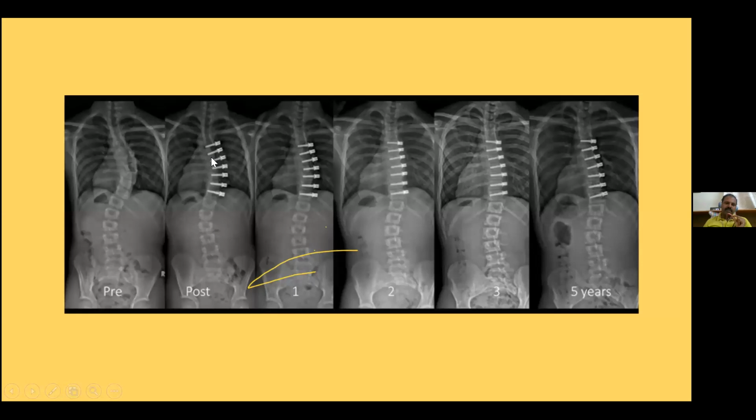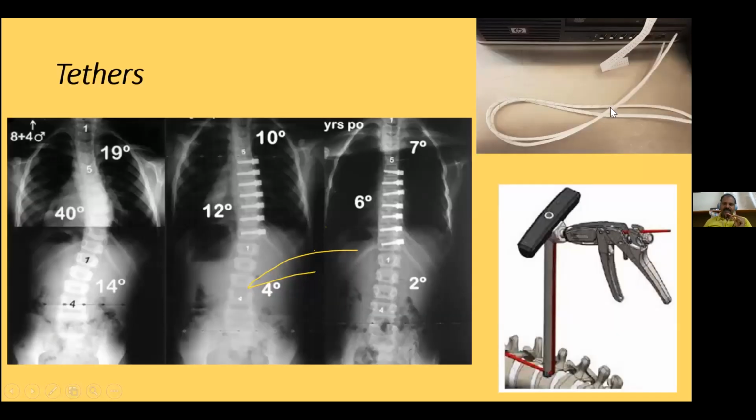You see all these screws are converging. Here it's all diverging. And this cord is multi-braided. If you have seen arthroscopic anchors, they use a similar material.